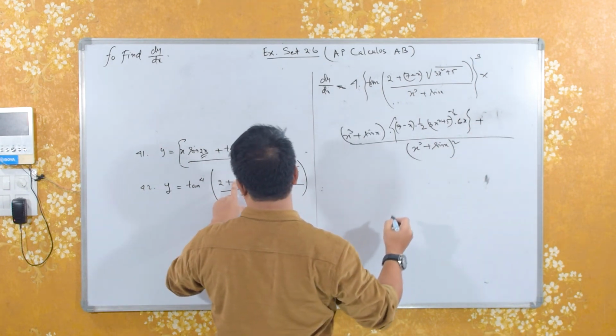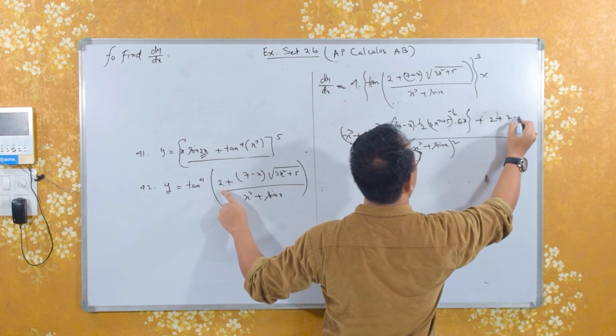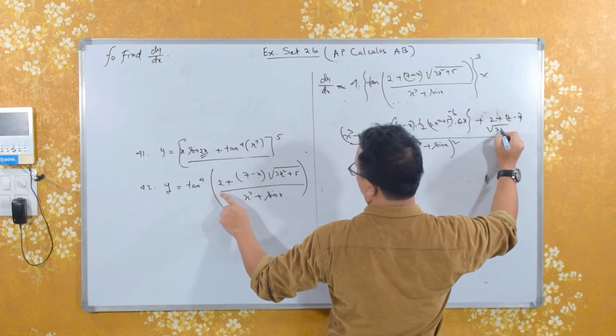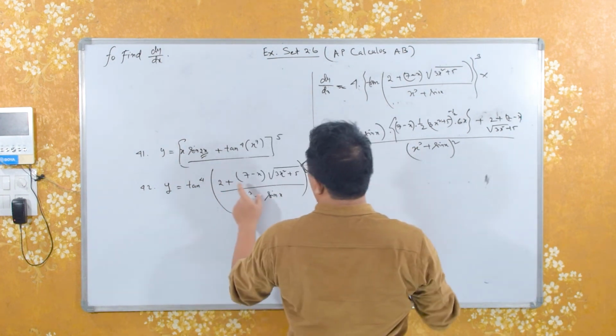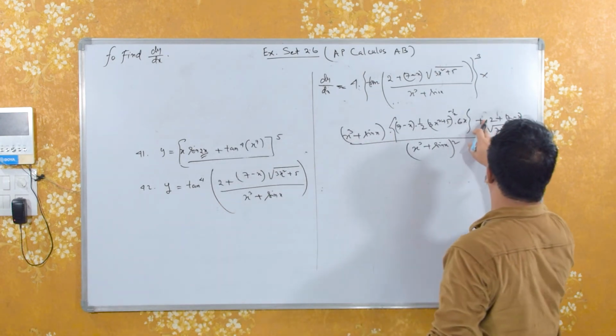Plus, keeping this as it is, means (2 + (7 minus x) square root of (3x square plus 5)). Now it will be minus over here actually.